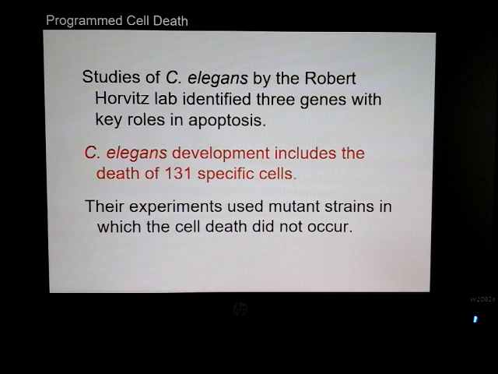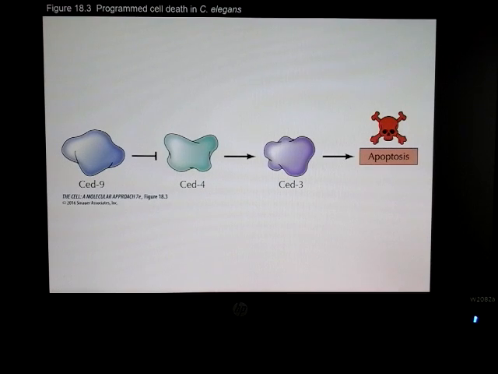Now, a lot of the studies originally done on apoptosis were done in C. elegans, and C. elegans is a worm, and its development includes death of about 131 specific cells. So it's easy to study. They reproduce relatively quickly, which is why they were used.